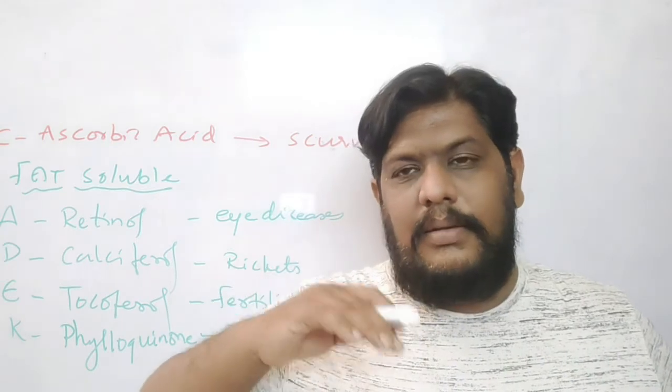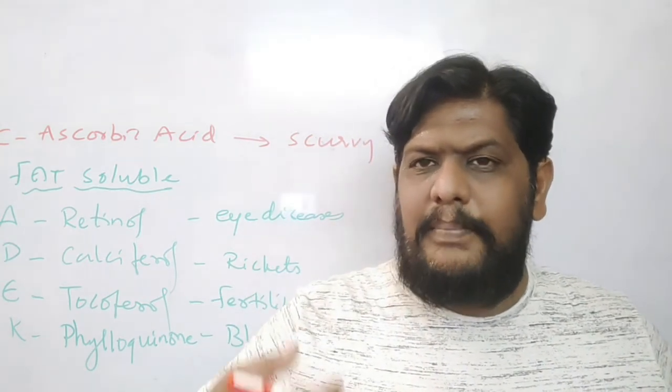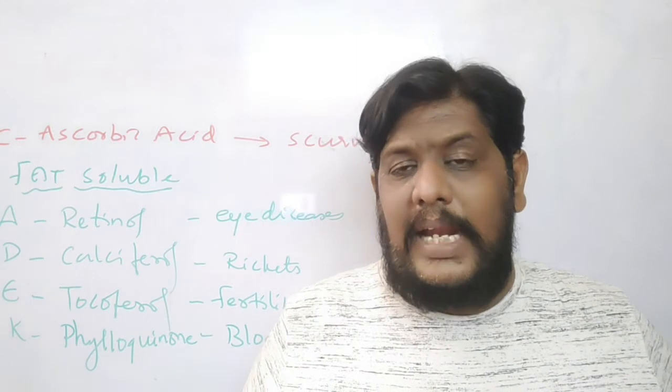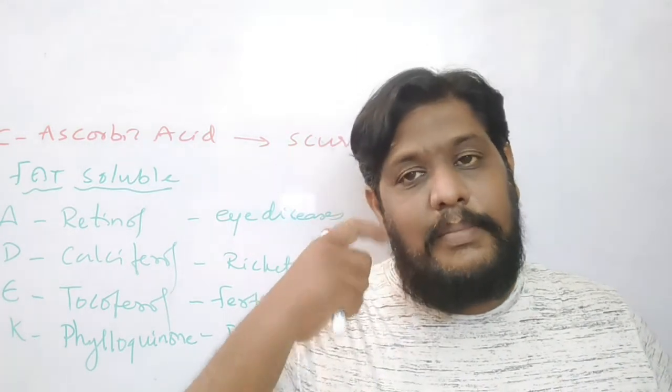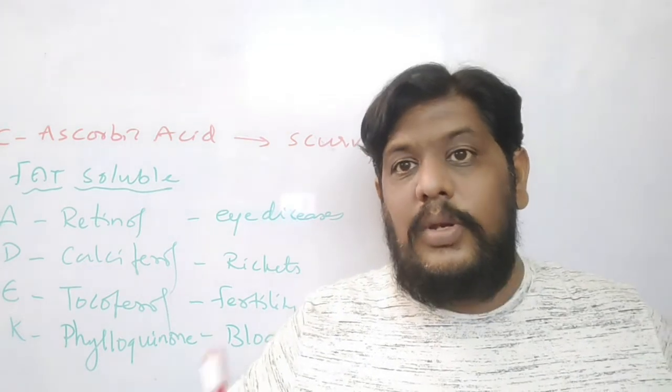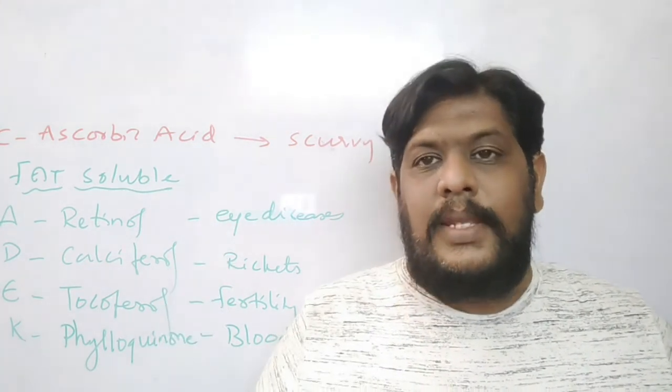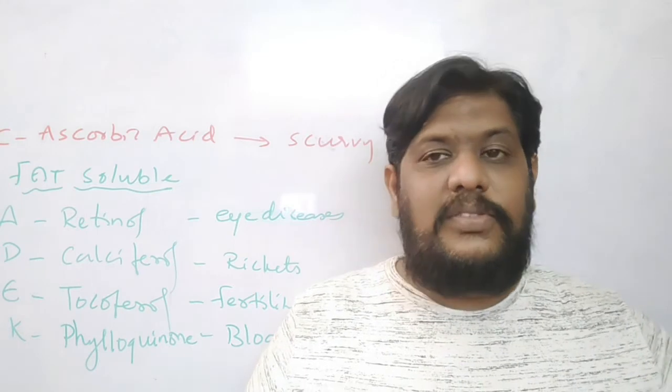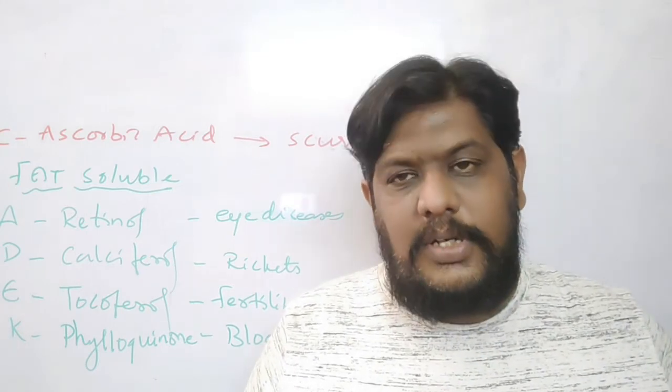and their eyesight will permanently be lost. That's why the government has taken measures of giving them vitamin A food. If you take a proper amount of vitamin A, you need not take it again for 3 months. For 3 months it will get stored in your body, and after 3 months again you have to take vitamin A food.